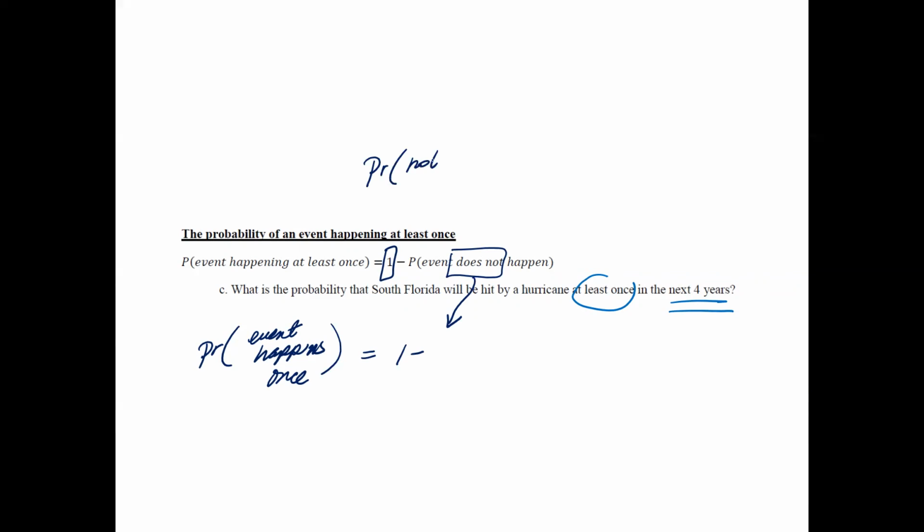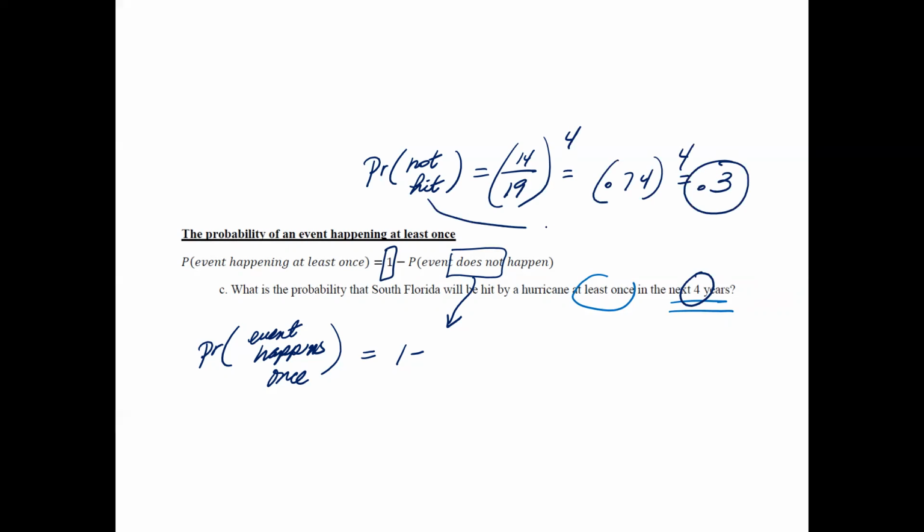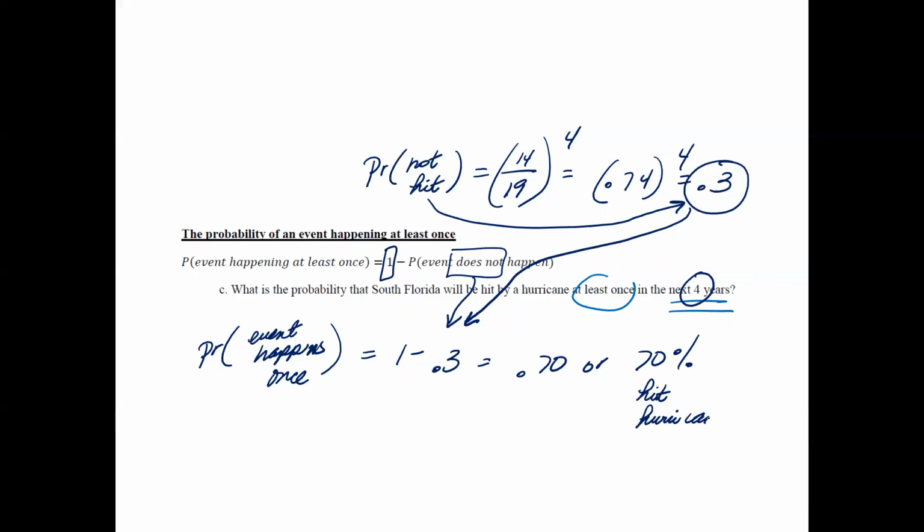The probability of not getting hit by a hurricane in 4 years is 14 out of 19, and it's for 4 years, so I'm going to do that to the 4th power, which gives you 0.74 to the 4th power, which is about 0.3 for the event not happening. So I take that 0.3 and subtract it from 1, which gives me 0.70, or 70%, that it gets hit by a hurricane at least once in the next 4 years. So there's a 70% chance.